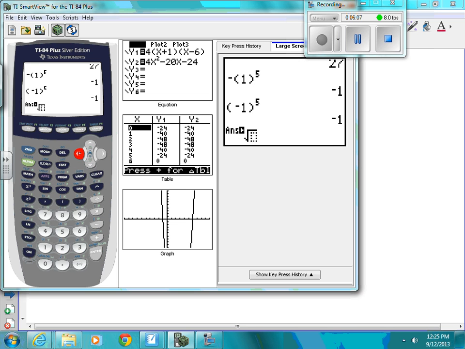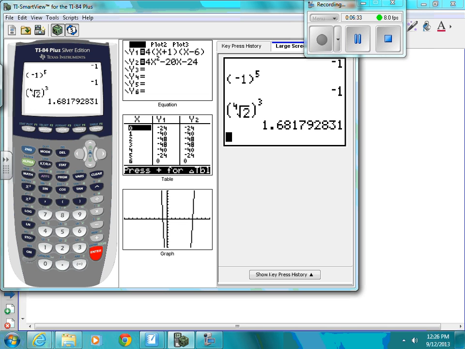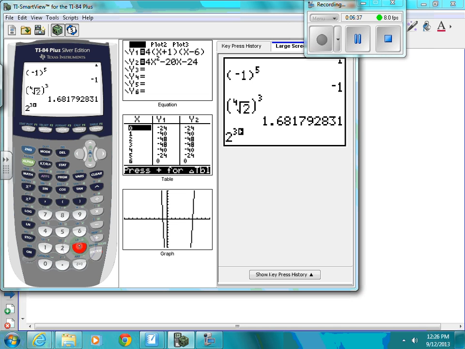So the 5th root, we don't want that answer. Let's go up there and put in 4. We want the 4th root of 2. We want to put the whole thing in parentheses, just like we had it written out in the example. So insert a parenthesis: 4th root of 2, all to the power of 3. We're going to get some decimal. Now, is that the same thing as 2 to the 3/4 power? 3 divided by 4.